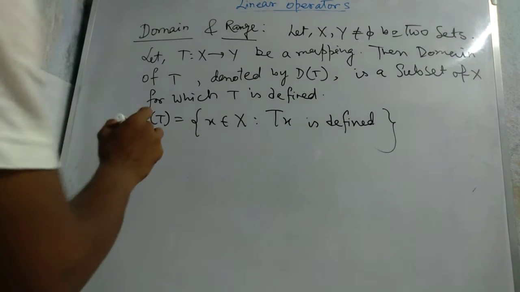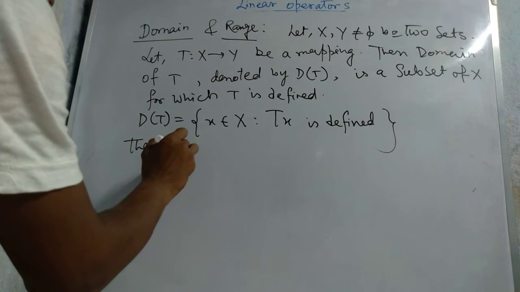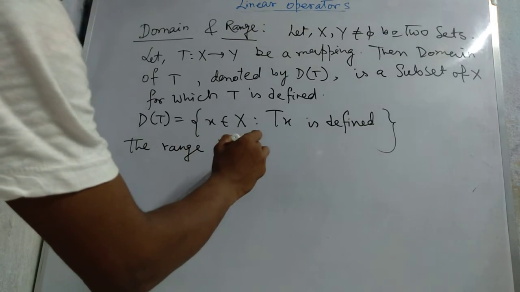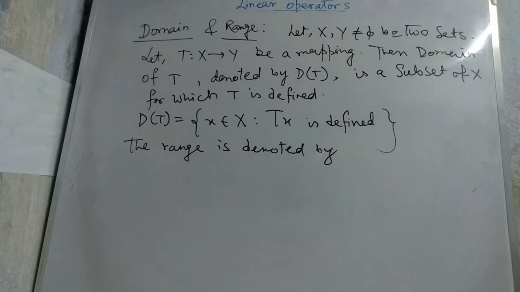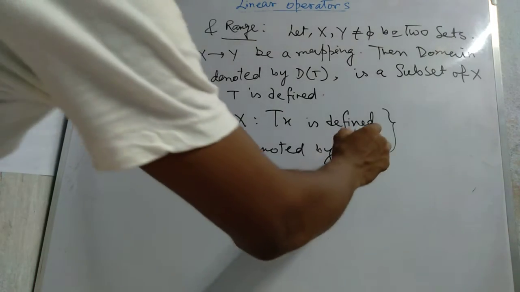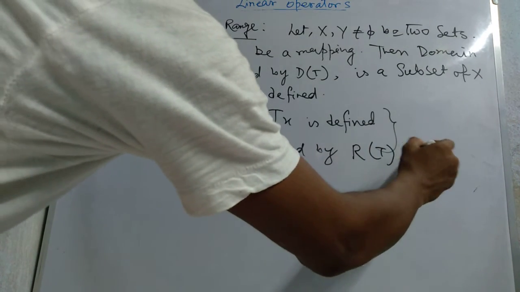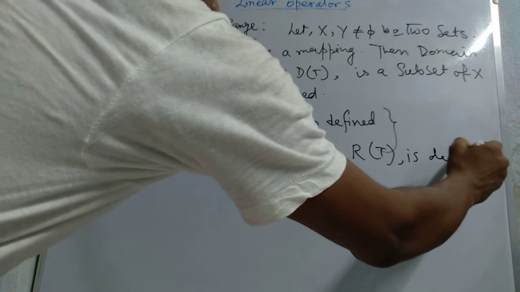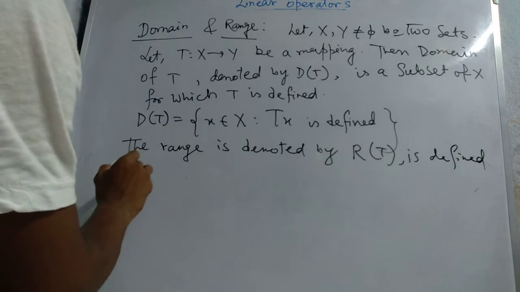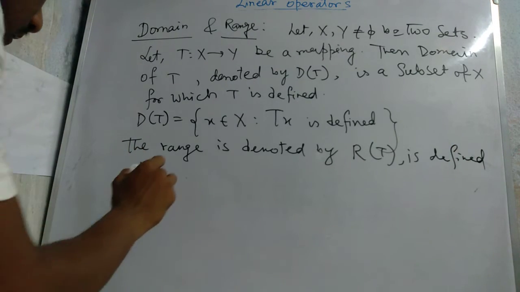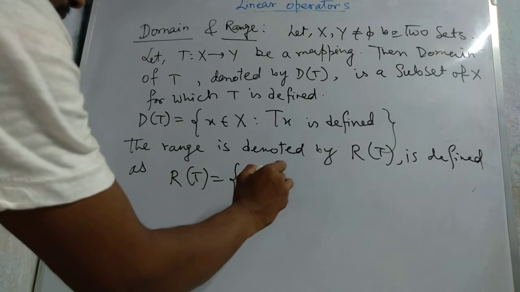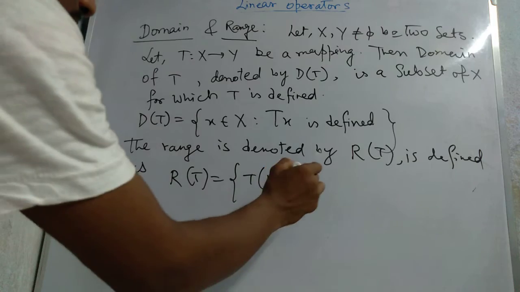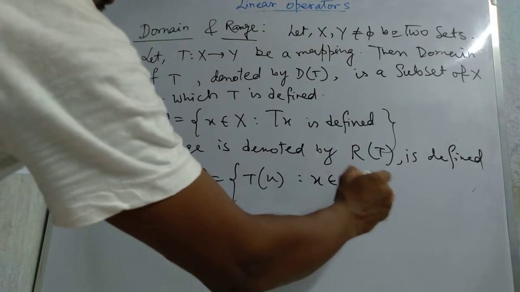Now the range of T is denoted by R(T) and is defined as R(T) equal to the set of T of x such that x belongs to D(T).